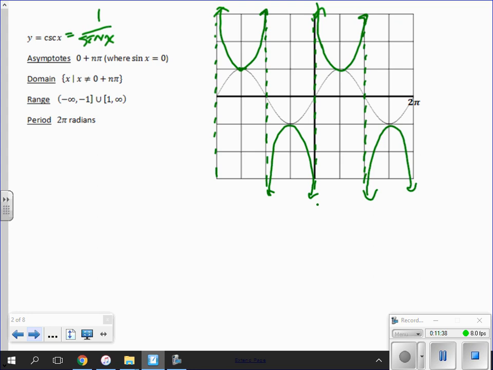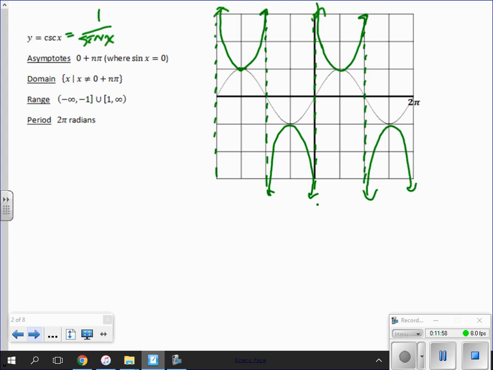Okay. So the solid line that I have there, that is my cosecant. What it looks like is a bunch of parabolas that come down and touch the top of the sine curve or come up and touch the bottom of the sine curve. That's what it looks like when you graph it out.